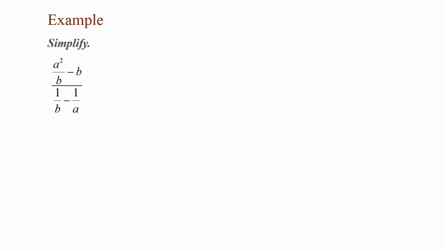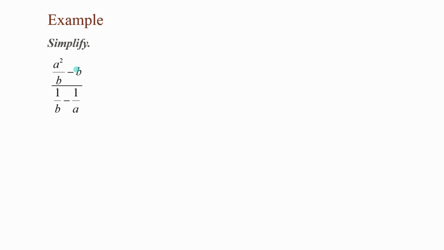In this example, simplify a squared divided by b minus b all over 1 over b minus 1 over a. For this problem, we have 1, 2, 3, 4 fractions. I can say 4 fractions because I can change b to a fraction by putting it over 1. My best choice is method 2.